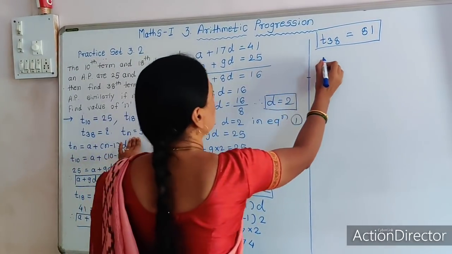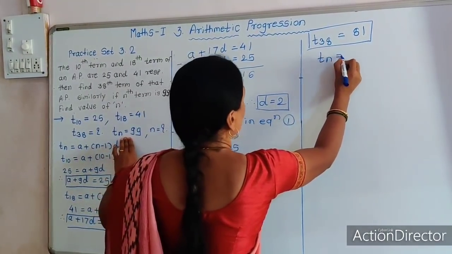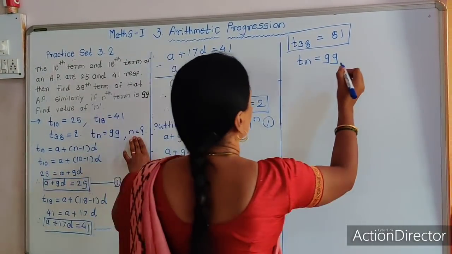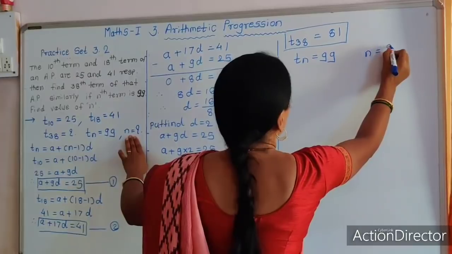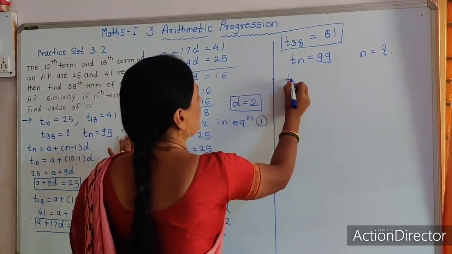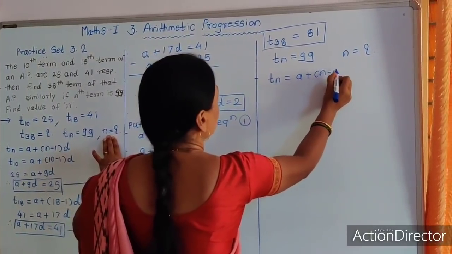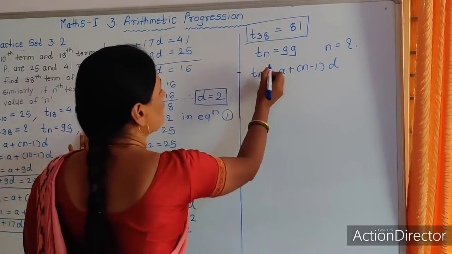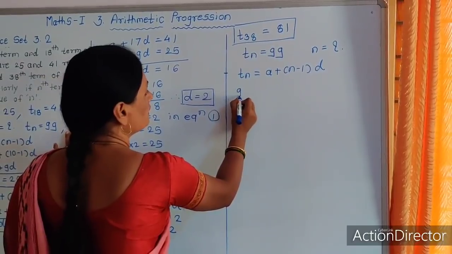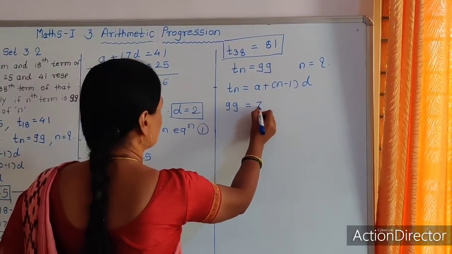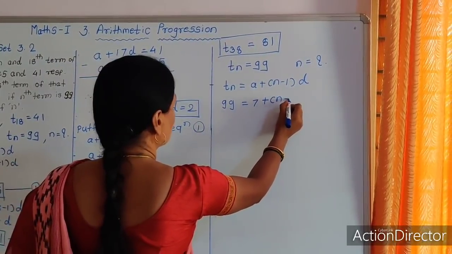Tn is equal to 99. We have to find n. Again we write the formula Tn is equal to A plus n minus 1 into D. The value of Tn is 99 is equal to A, which is 7, plus n minus 1.